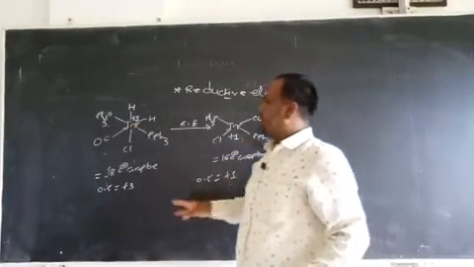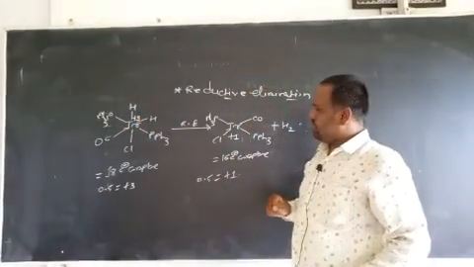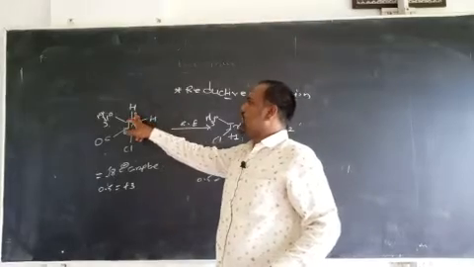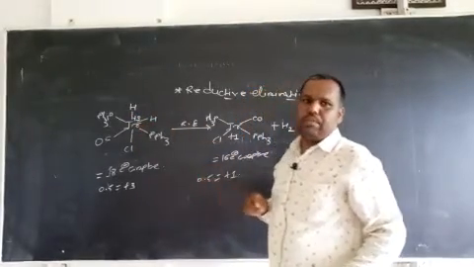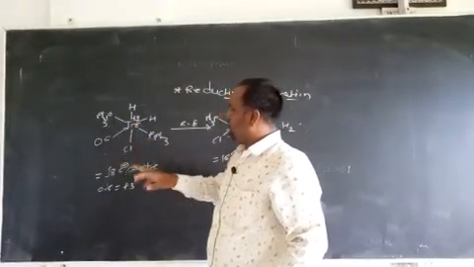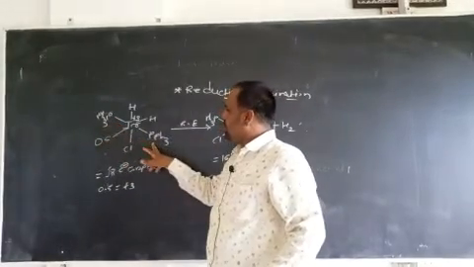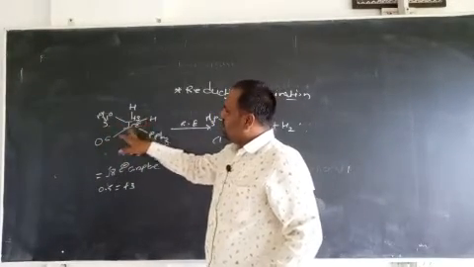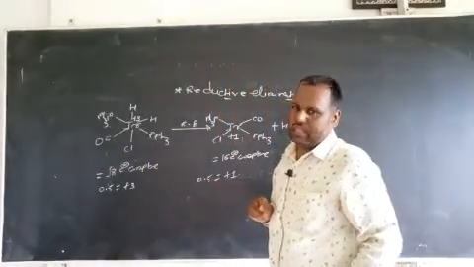In this case, the ligands which are adjacent to each other show a reductive elimination reaction. The ligands which are trans to each other, for example, this H and this Cl, this PPh3, then H and this CO, do not show the reductive elimination reaction.